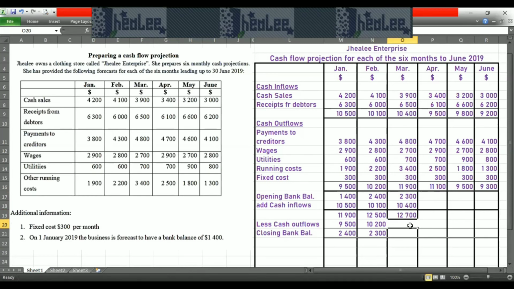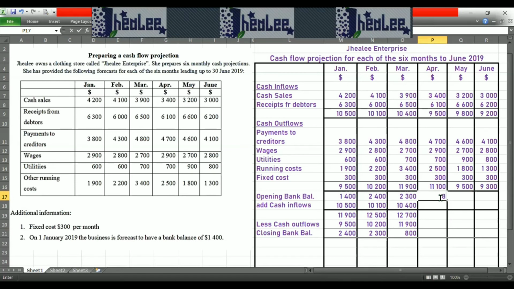From that, we are going to subtract 11,900, which is the total outflow. So that's 12,700 minus 11,900, and that gives a value of $800. This $800 becomes the opening balance for April.